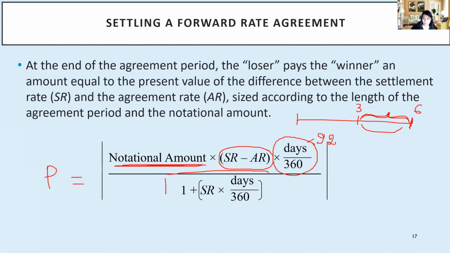This second bit in the formula is to compute the present value of the interest payments. We mentioned before that the cash settlement happens at this point in time.